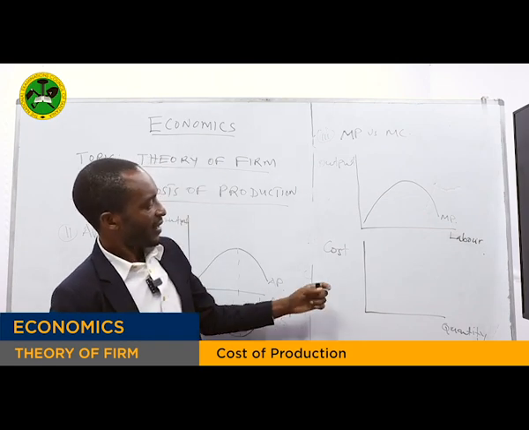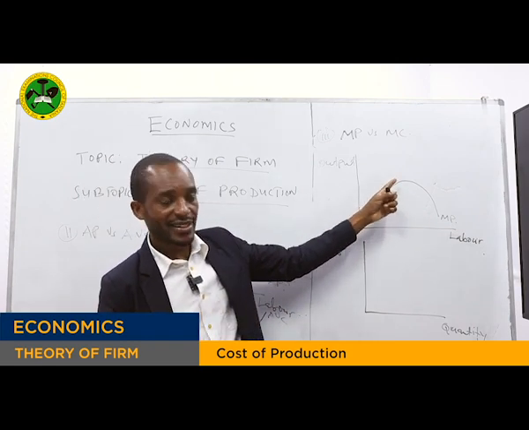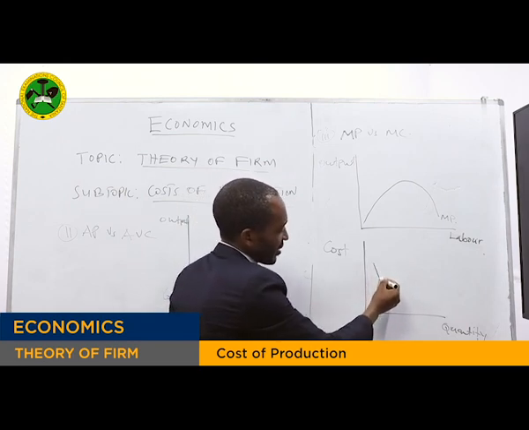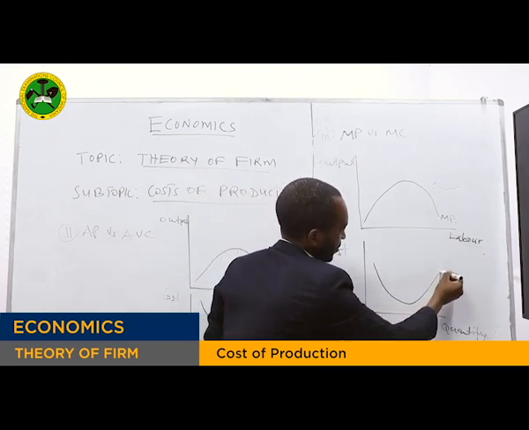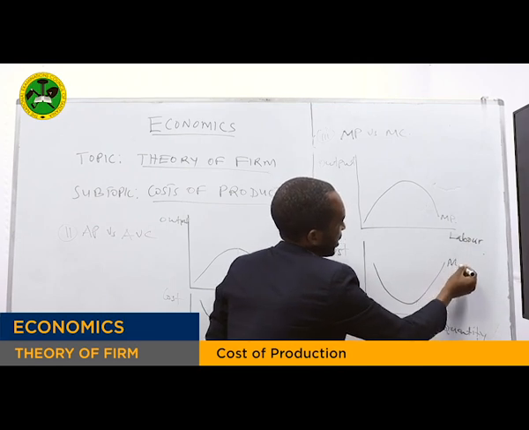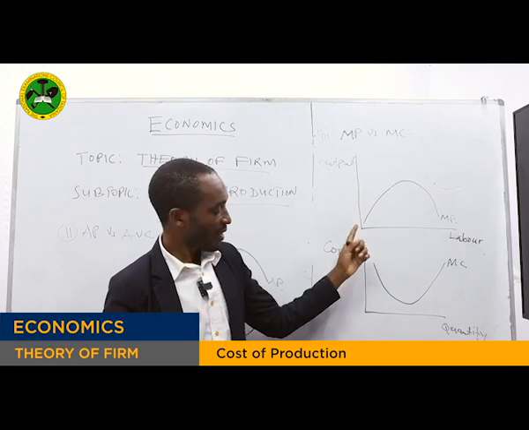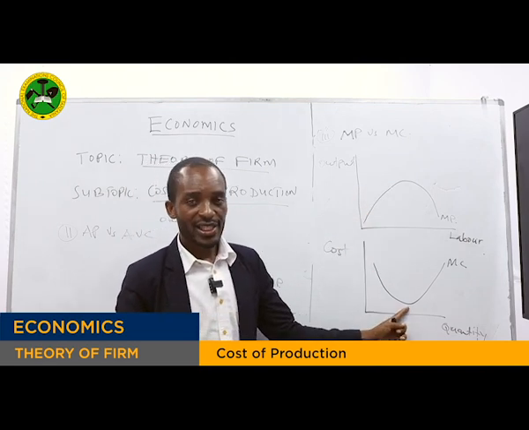So when the marginal product increases, the marginal cost will start to decline, then will reach a minimum, then will start to increase. So this will be the marginal cost. When marginal product increases, marginal cost declines.